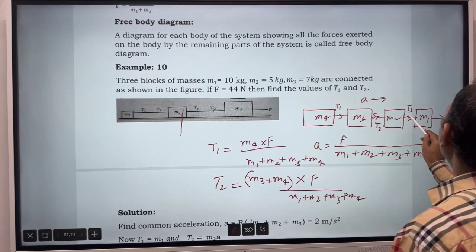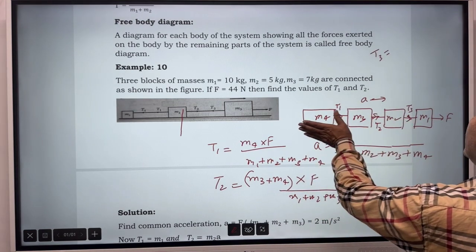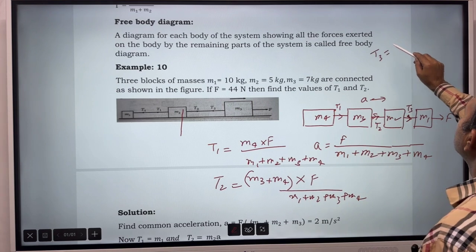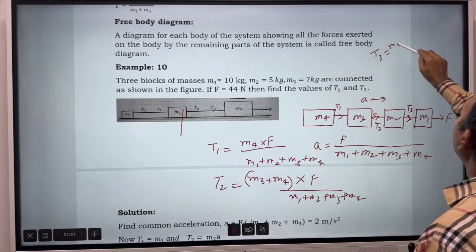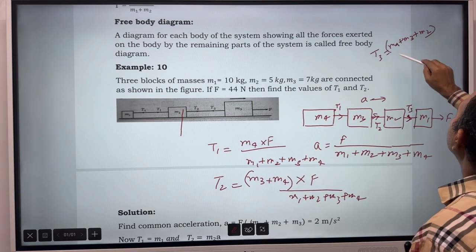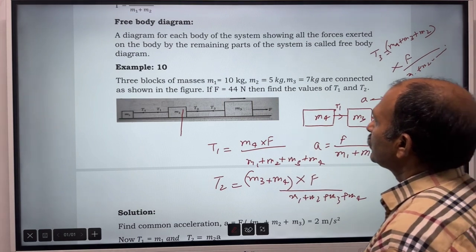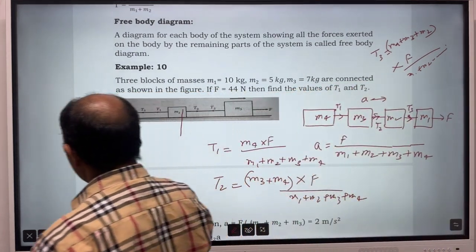Similarly, suppose you want to find out T3. So T3 is pulling all three masses. So masses to be pulled, that is M4 plus M3 plus M2 times common acceleration. So that is F upon all masses, M1 plus M2 plus dot dot dot. So I think you have understood the concept.